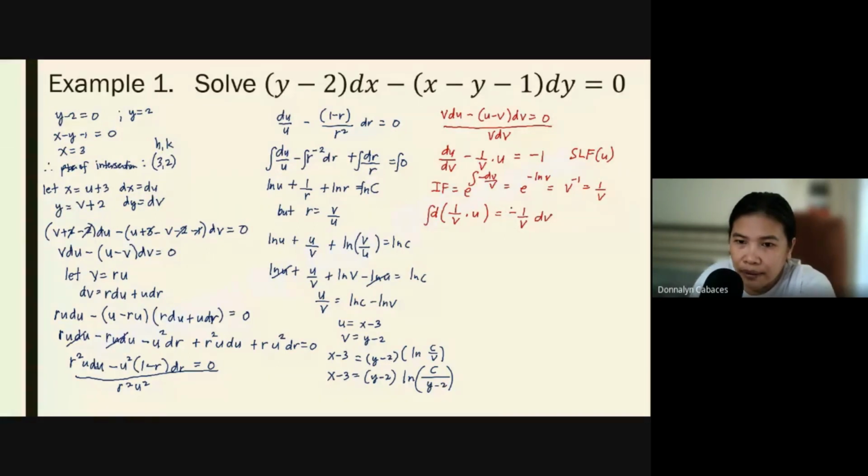If we integrate, you have U over V equal to negative ln of V plus ln of C. So U over V is ln of C minus ln of V. And you have a shorter solution.